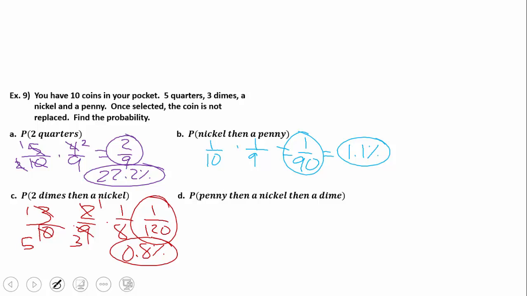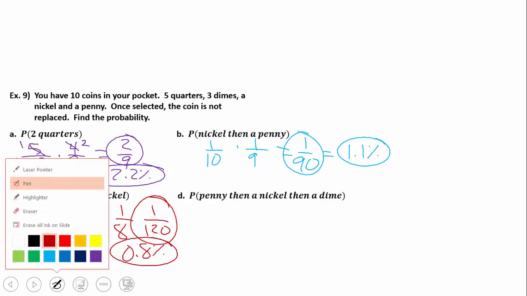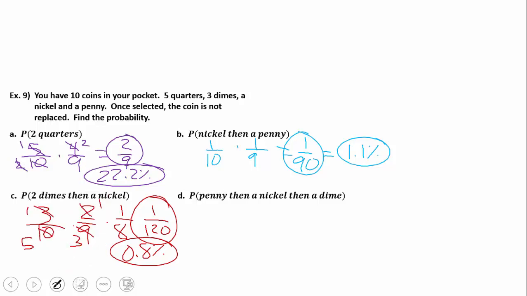And last one, penny, then a nickel, then a dime. Okay. Well, I'm going to grab a color here. Penny, there's 1 penny out of the 10 coins. And then nickel, well, there's 1 nickel, but now there's only 9 coins. And then we're going to a dime. Well, we haven't taken a dime out yet, so there's still 3 of those. But we have taken 2 coins out, so there's only 8 coins left.